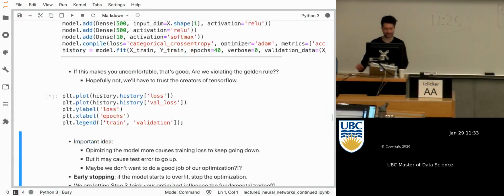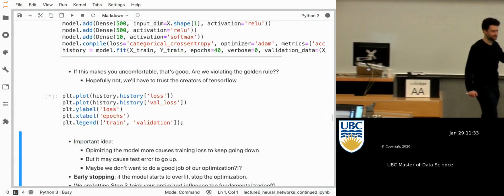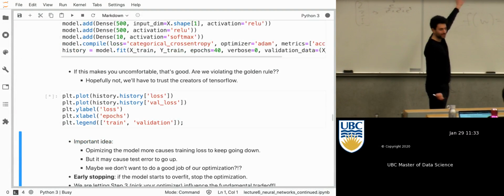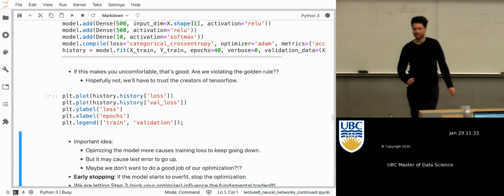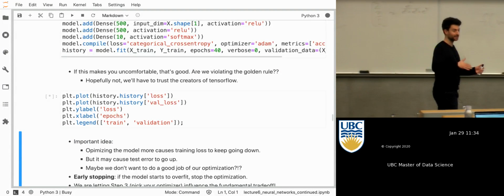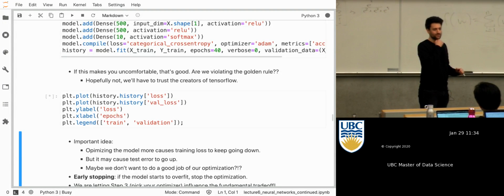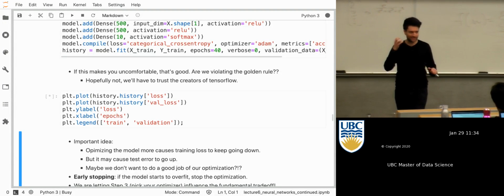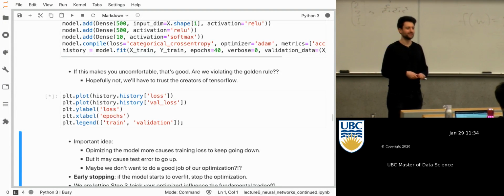But to answer your question, Derek, it is very typical to plot loss when making this plot, because if everything is working properly, you need to see the training loss going down. The training loss going down is the most fundamental thing that needs to be happening during optimization. With gradient descent and a small learning rate, it's really going to happen.